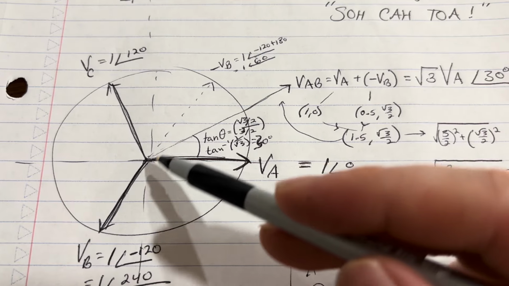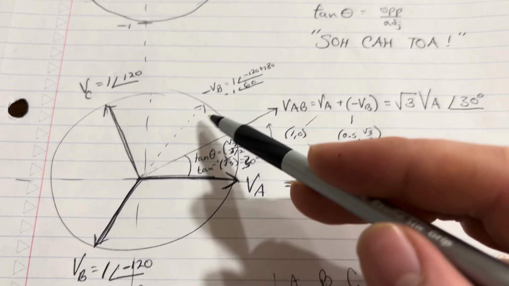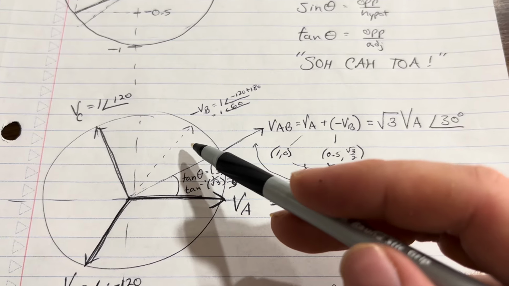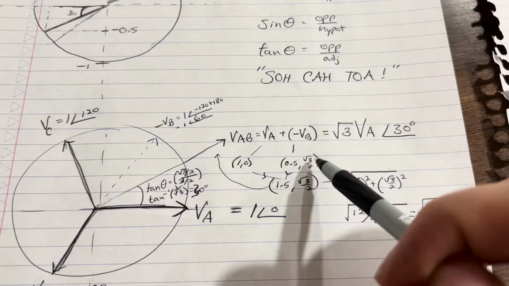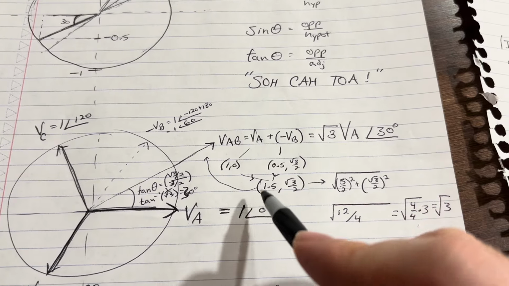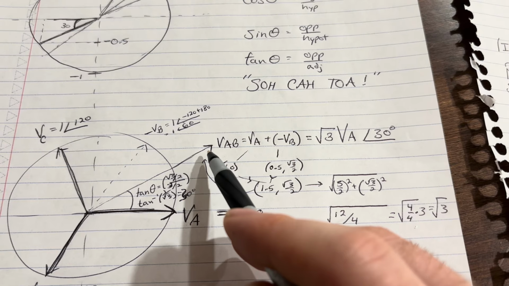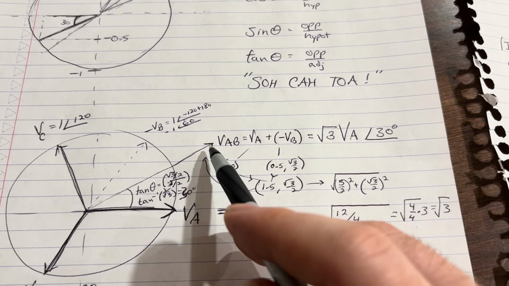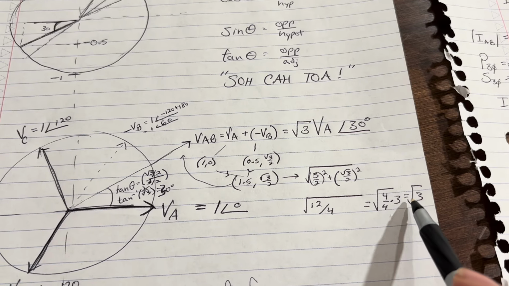we already know something on the unit circle at an angle of 60 is 1/2, comma, √3/2 for the y. So the sum of those, your new phasor would be at an x coordinate of 1.5 and a y coordinate of √3/2. You can find the magnitude, it's square root of 3.